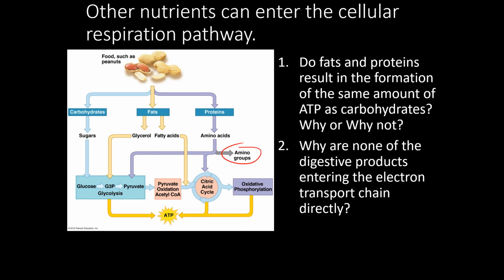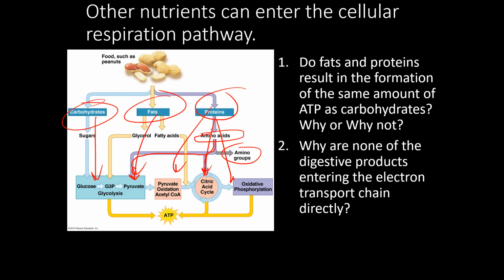So we get rid of the amino group, and then depending on what amino acid it is, we either feed it directly into the Krebs cycle, or we will feed it into the later stages of glycolysis. Okay, so all of the foods that we eat, you can now understand, get fed into the process in some particular way.